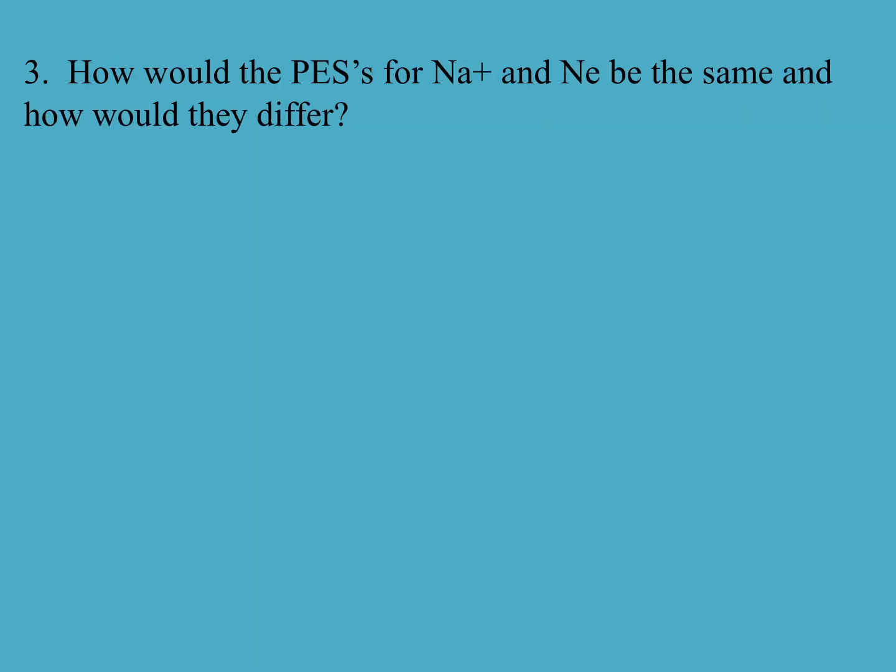How would the PES for the sodium ion and neon be the same, and how would they differ? Let's pause for a moment and see if we can answer that. Both of these have 10 electrons, and again, you want to make use of that word isoelectronic, which means the PES will look the same in terms of the number of peaks, because they're both going to have the same height and the same number of peaks because they have the same electron configuration.